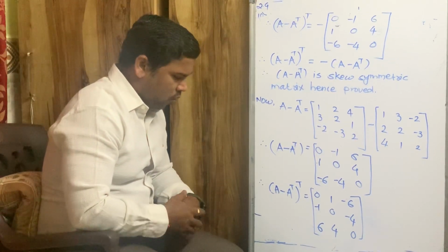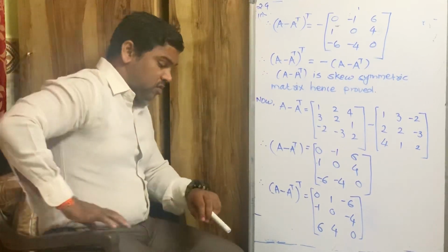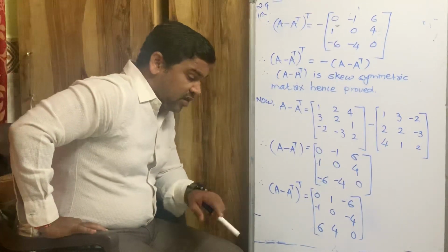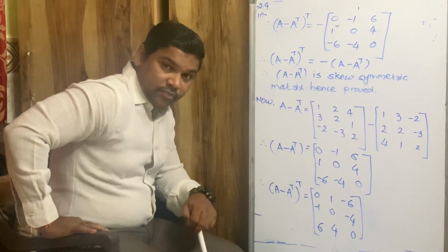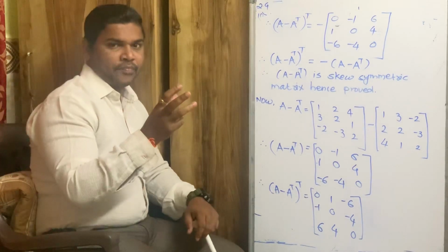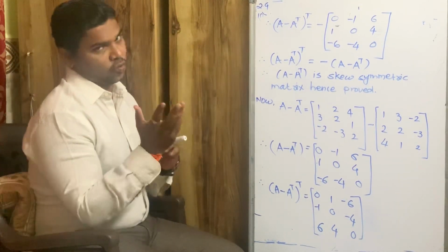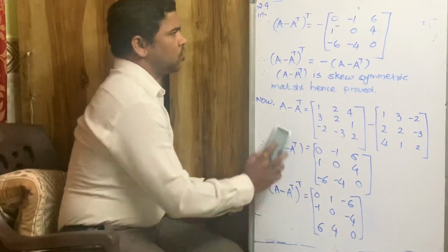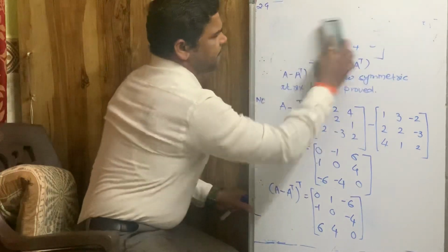So move on to question number 11, where the question is: express each of the following matrices as a sum of symmetric and skew symmetric matrix. Means one matrix is given and we have to express that matrix as a sum of symmetric and skew symmetric matrix. So let's do that sum.